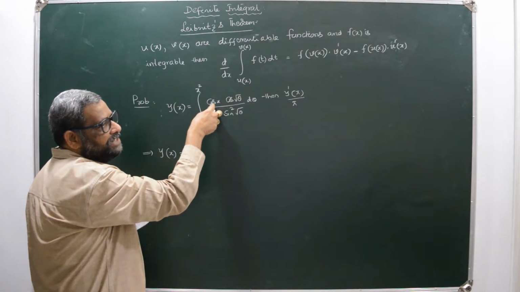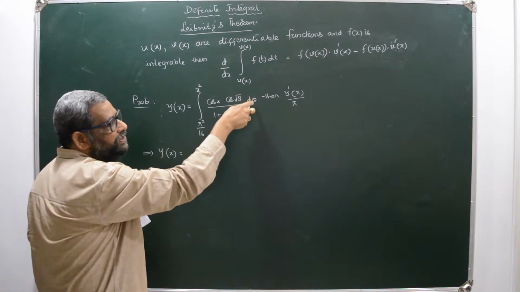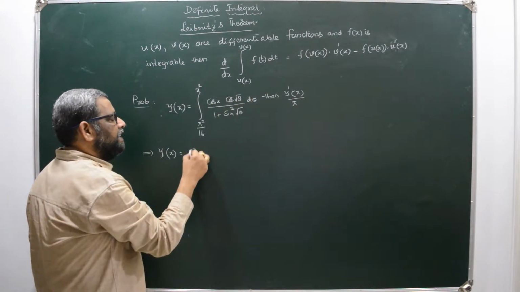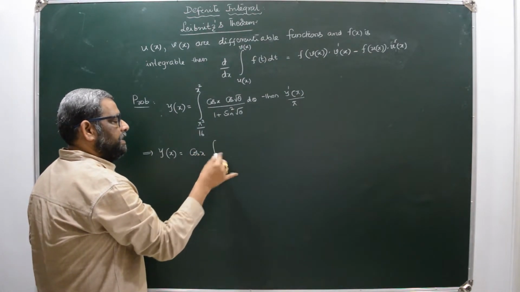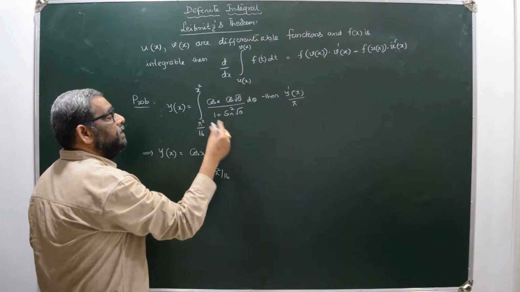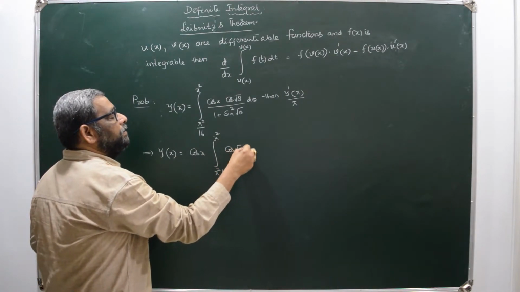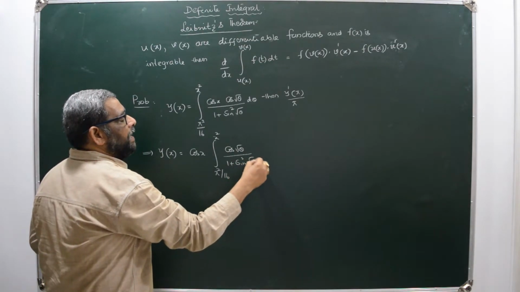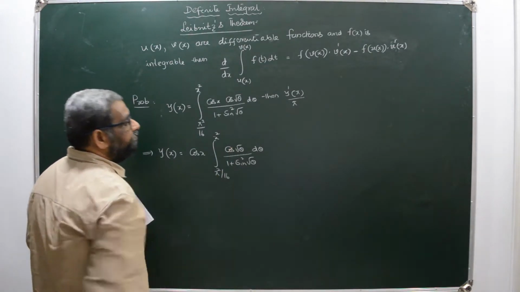Therefore you have to pull this cos x out, because when you are integrating with respect to theta, this cos x can be pulled out. So y(x) is cos x times the integral from pi square by 16 to x square of cos root theta by 1 plus sin square root theta d theta.